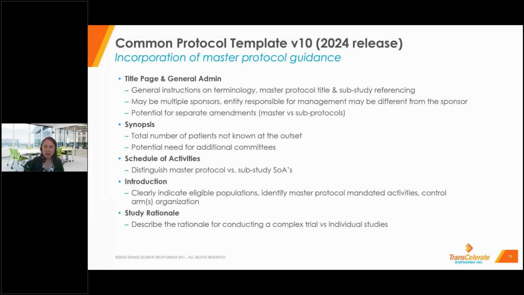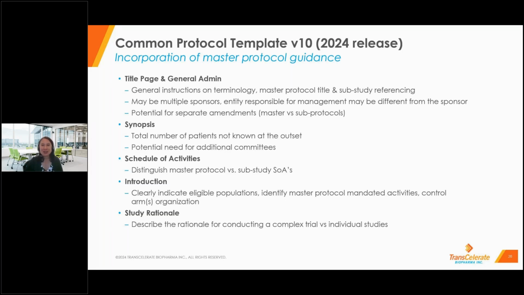I won't go through each of them in detail, but some instruction has been added around how to title your protocol, how to number amendments, how to present the number of participants per cohort, and a reminder to add information about any committees that have been added as a result of the master protocol sub-protocol structure.